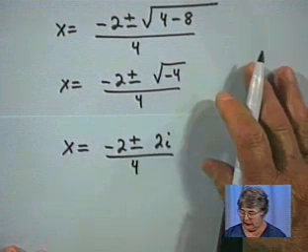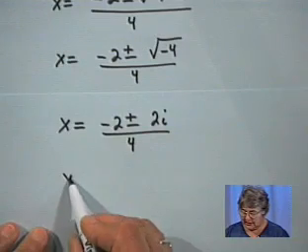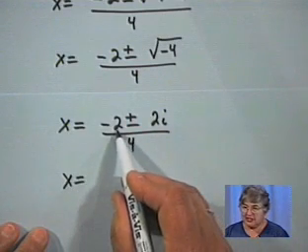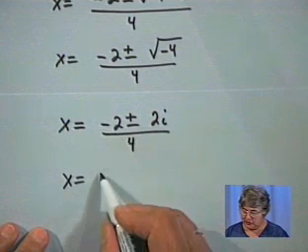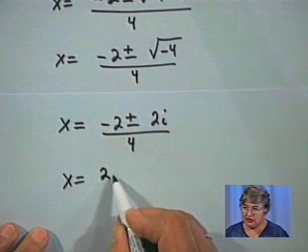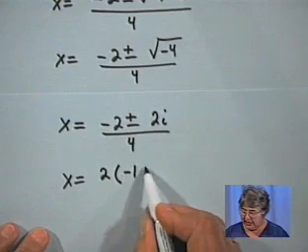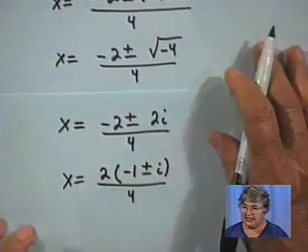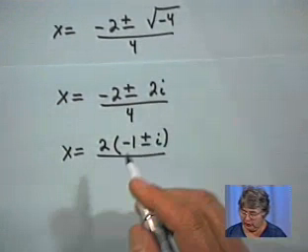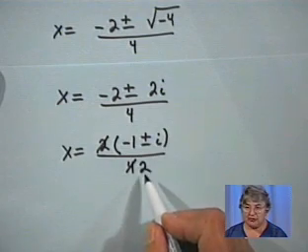Now, notice that we have an even number here, but each of these is even also, divided by 4, and at this point we can go ahead and factor out a 2 and put it into the denominator 2 times.